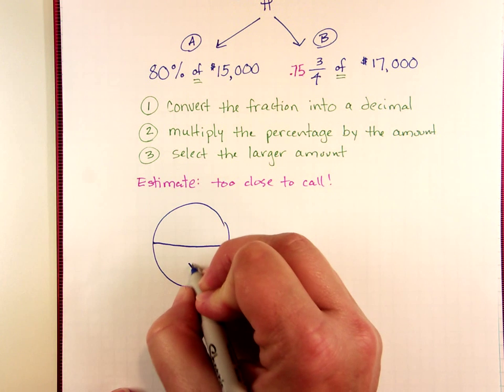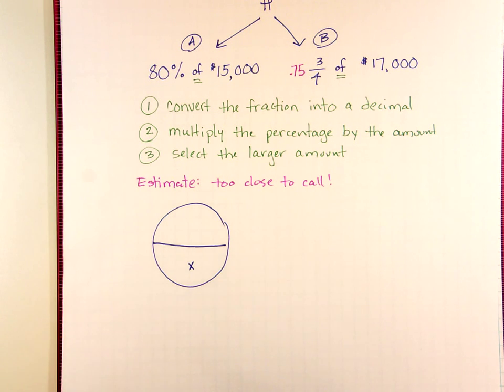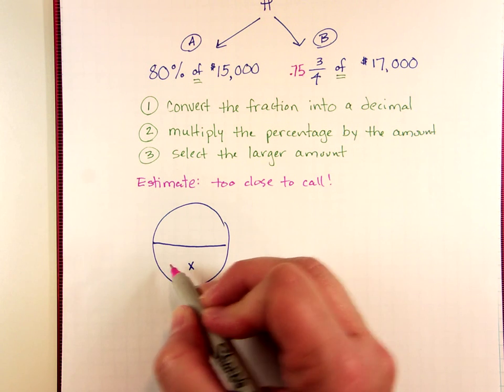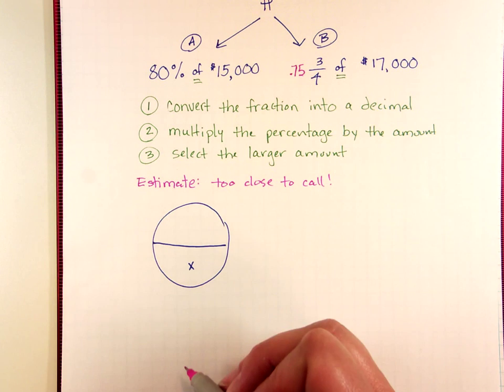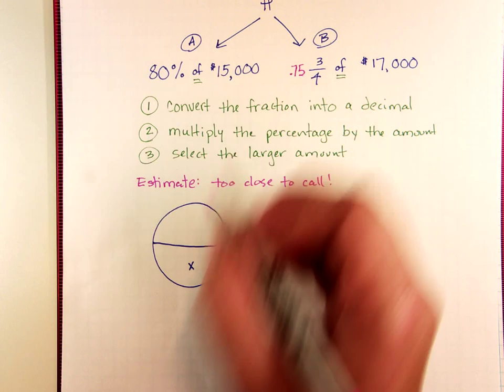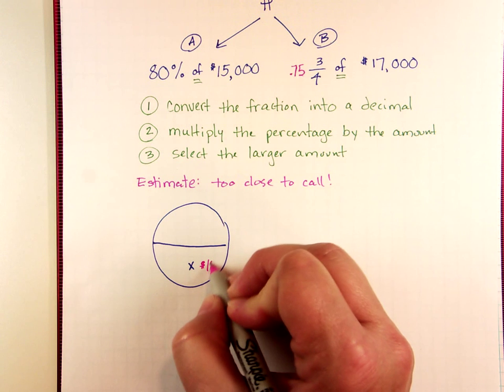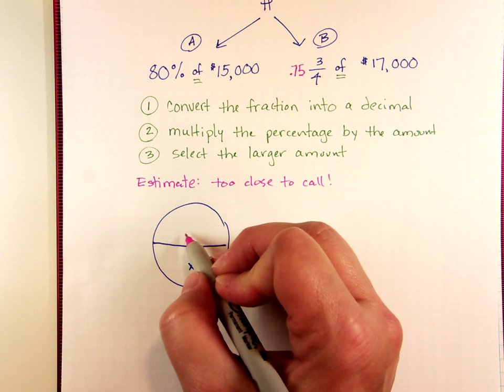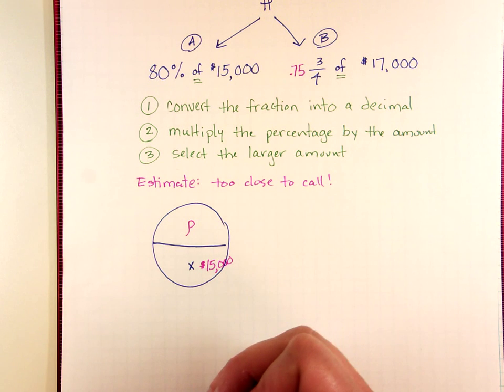Down here, this operation will be multiplication. You're going to put a percent over here, the part on the top, and the whole over here. The whole is easy, it's 15,000. Let's go ahead and fill that one in. 15,000. And the part is what they're asking us to find.